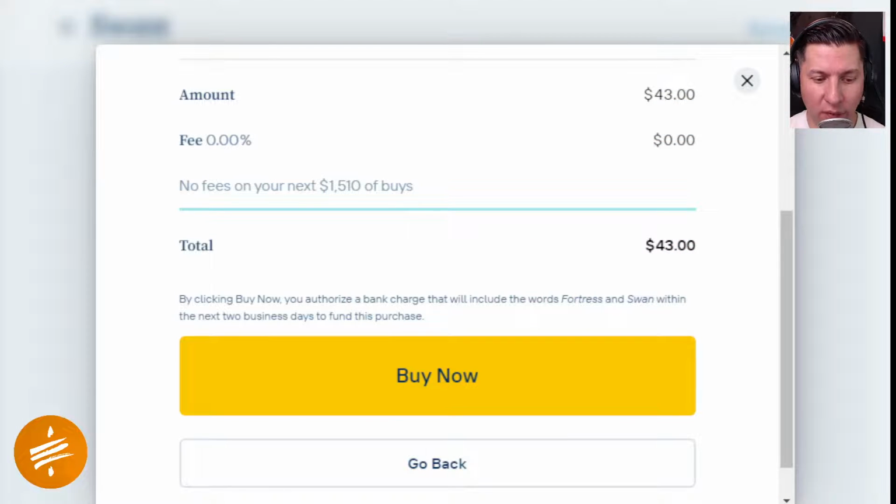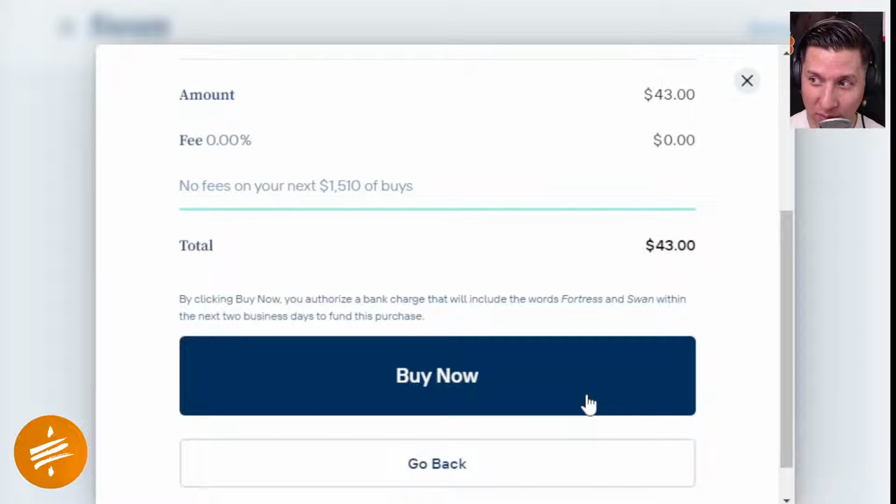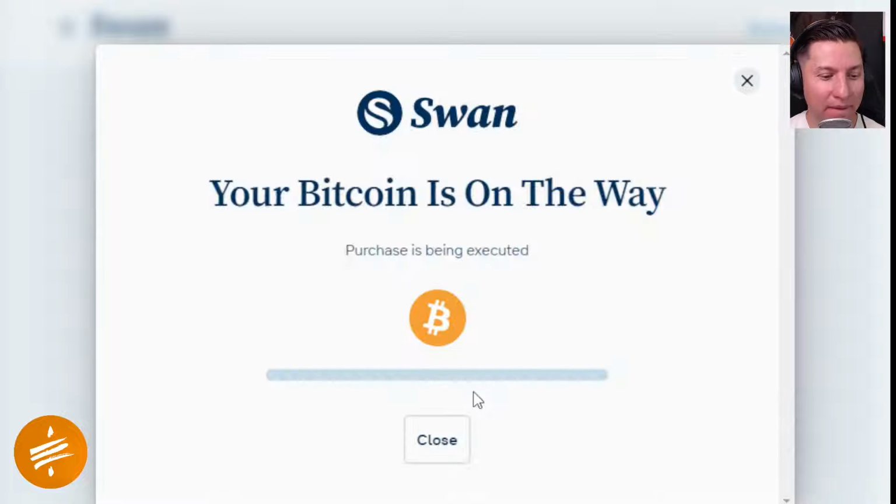Bring this back to the screen so you guys can see the purchase. Here we go. We're buying $43 worth of Bitcoin today on the 100 Stacks Challenge. After this purchase, we'll be 15 days away from completing the challenge. Here we go. Buying now. $43.